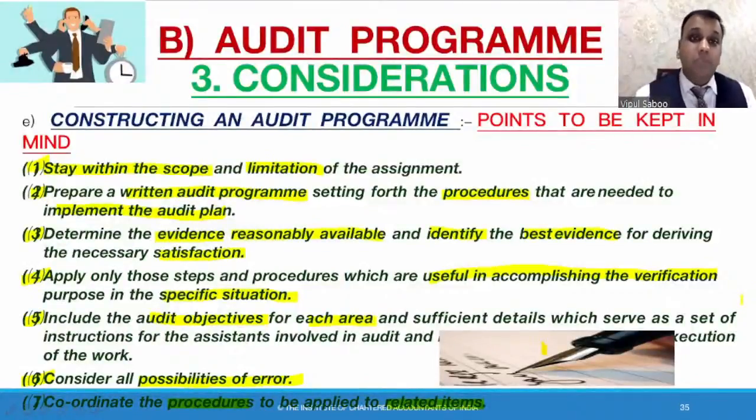The engagement partner wants to construct an audit program for the audit to be conducted. Help him with which points he needs to keep in mind while constructing an audit program.